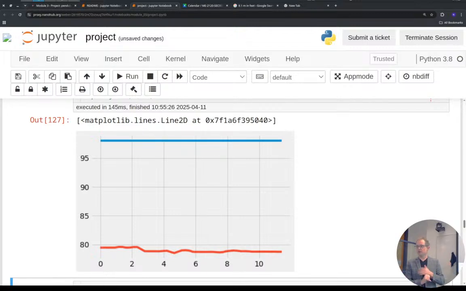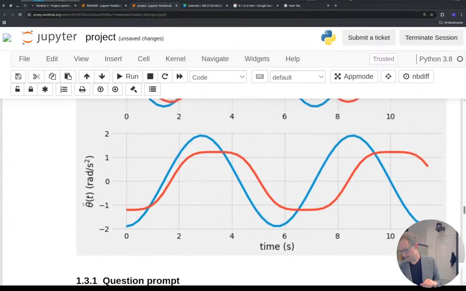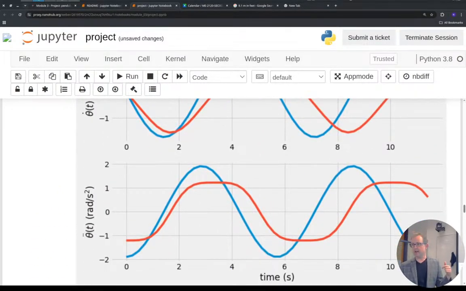Another way you could do it is we have these values of theta and theta dot, theta double dot. So you could pick points on the graph, saying okay, the energy should be constant at time 0 and time whatever, 4 seconds.